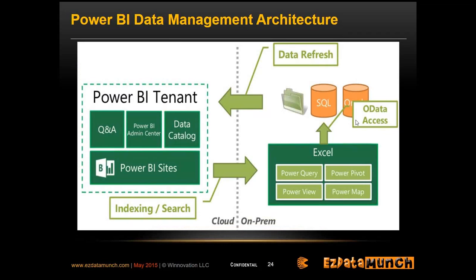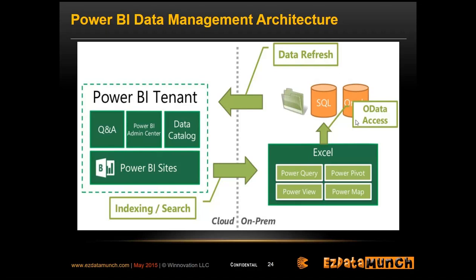So what does the Power BI data management architecture look like? This is the Power BI architecture at a very high level. You have the Power BI tenant, which is basically Q&A, admin center, data catalog, and Power BI sites. And then you have either cloud-based data sources or on-prem data sources, which are accessed by Power BI service for data refreshing.